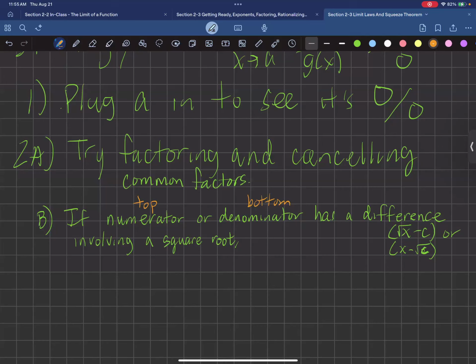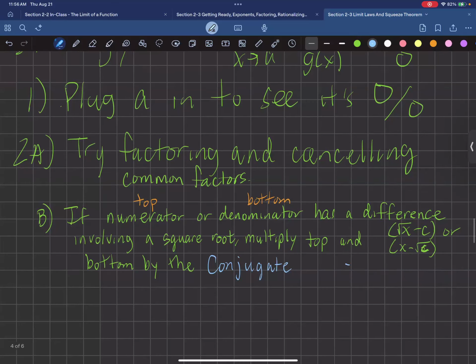What we're going to do is multiply top and bottom by the conjugate. The conjugate would be square root of x plus c for the top one, or x minus the square root of c for the bottom one.